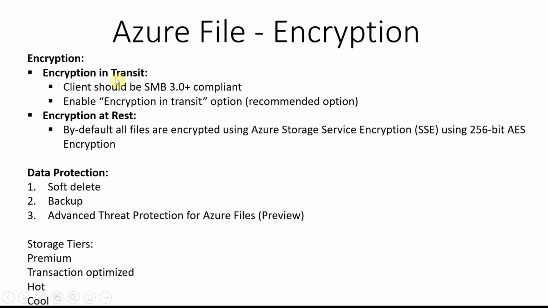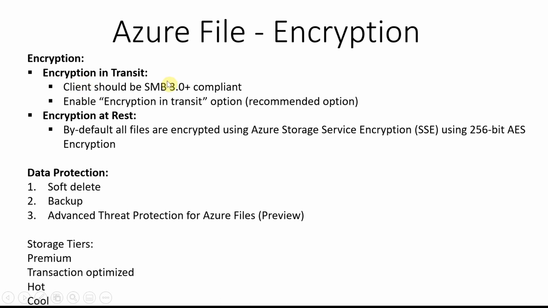Encryption in transit is also there, for when files are in movement. Are they encrypted? Say you're copying a file from your on-premise server to a storage. The file is not copied yet, but it is in the process of copying, so someone can hack it during that time. For that, there is encryption in transit.